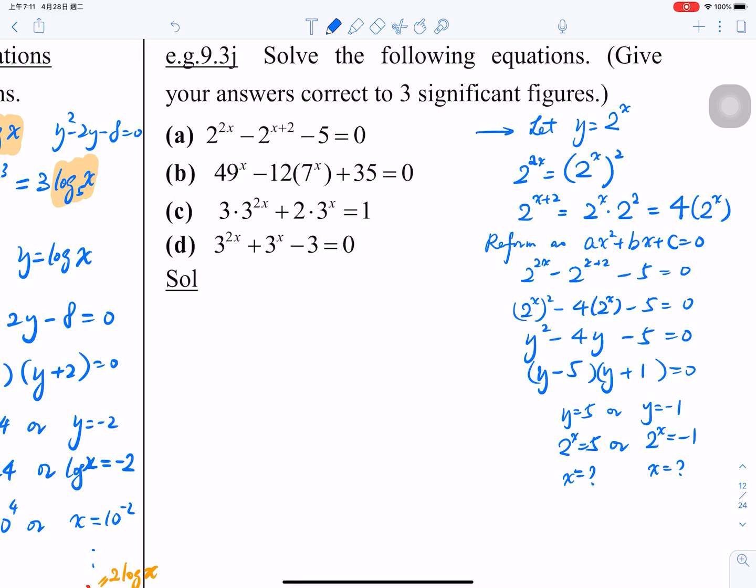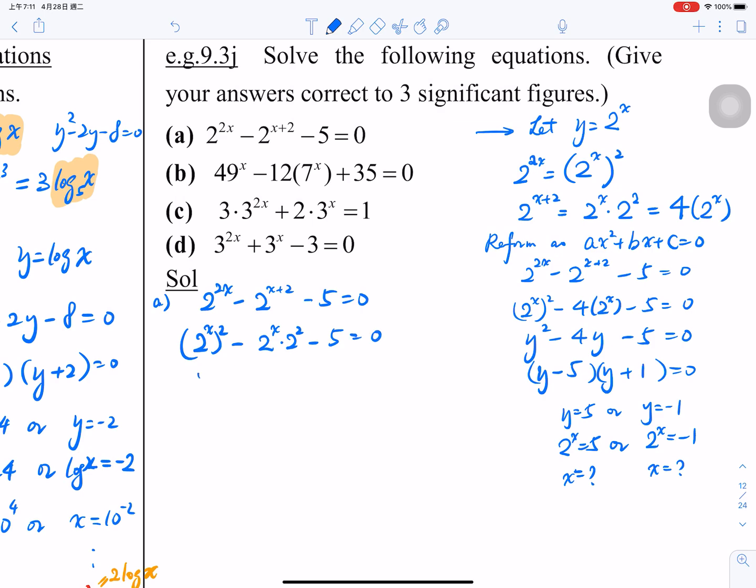You can go on to do it. Now, I will do it directly. Have a look. I also write it like this to help you understand this question clearly.